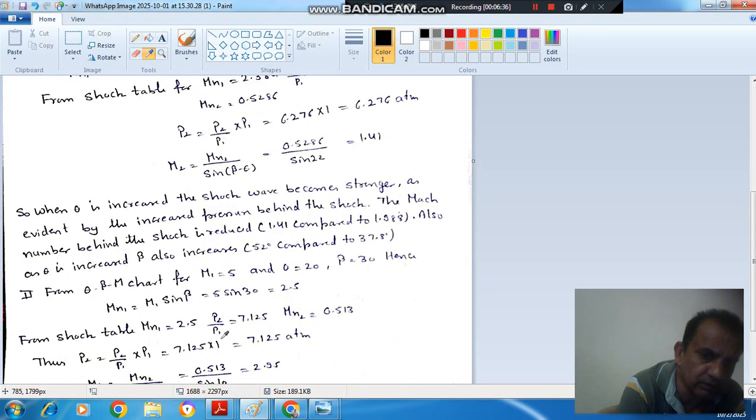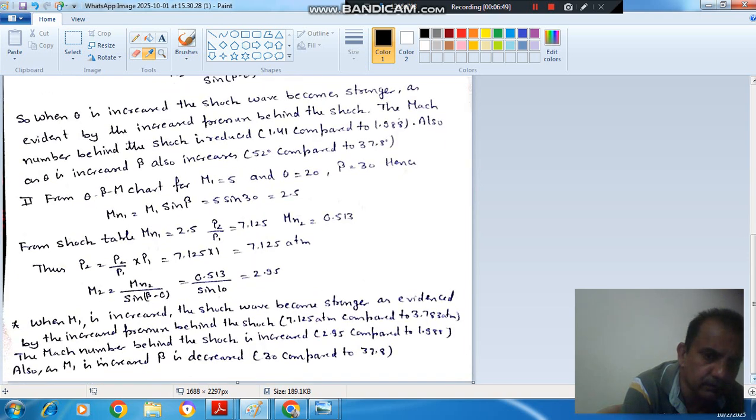The pressure ratio is 7.125 and Mn2 is 0.513. So we can find the final pressure, because the initial pressure is 1, and we can find the final Mach number also. With the same formula, Mn2 divided by sin of beta minus theta, here beta is 30 and theta is 20, so beta minus theta will be 10, so M2 will be 2.95.